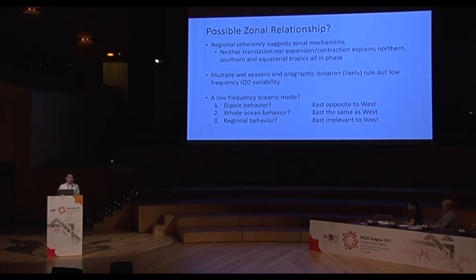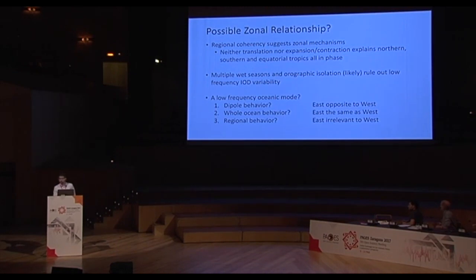So the regional coherency of the rainfall doesn't fit either with the idea of north-south translation or with the idea of expansion and contraction of the tropical rain belt, and instead implies that we might have a zonal relationship going on, controlling rainfall over the entire Western Indian Ocean region. The fact that all of these sites have rainfall seasons that cover the entire year, plus our orographic isolation from atmospheric zonal precipitation in Madagascar, rules out low-frequency atmospheric IOD variability as the primary driver.